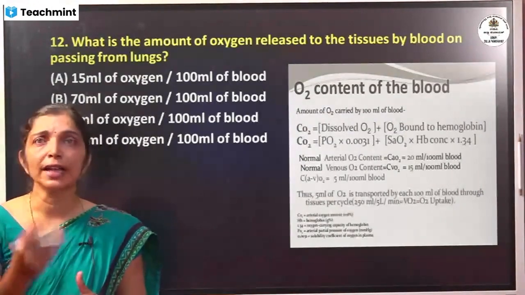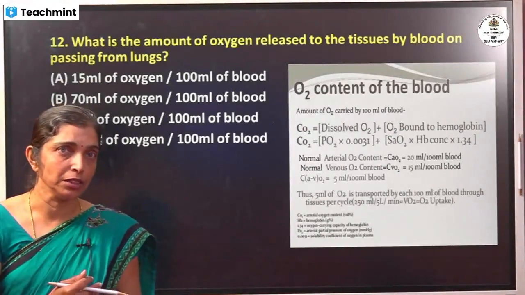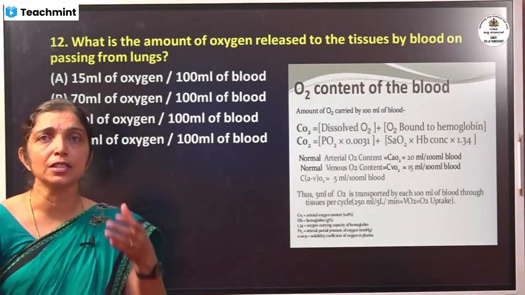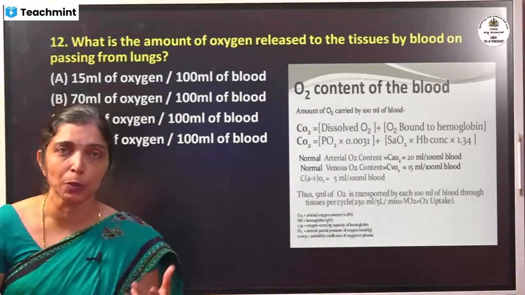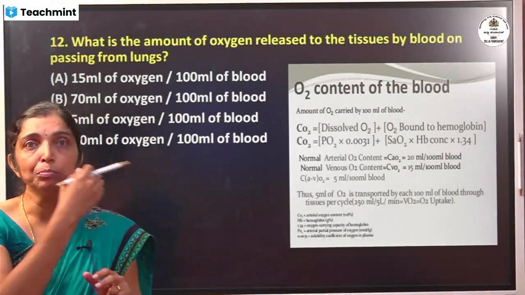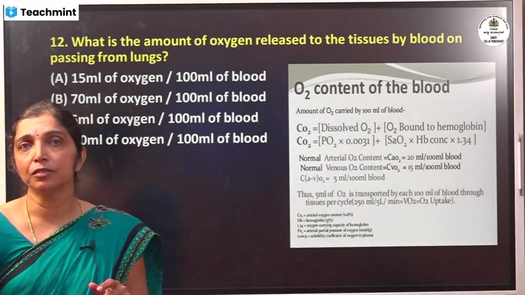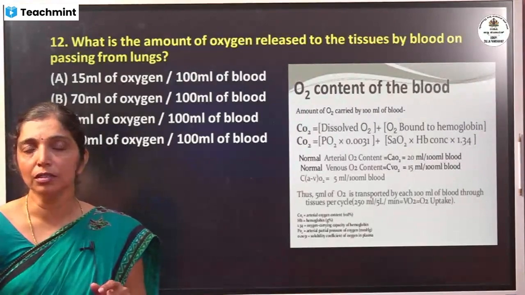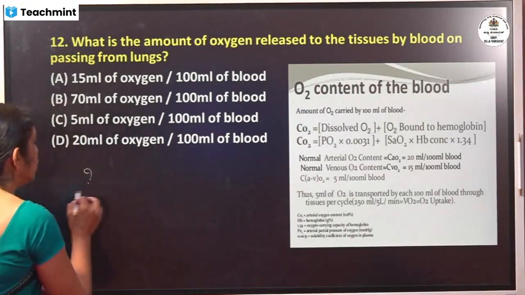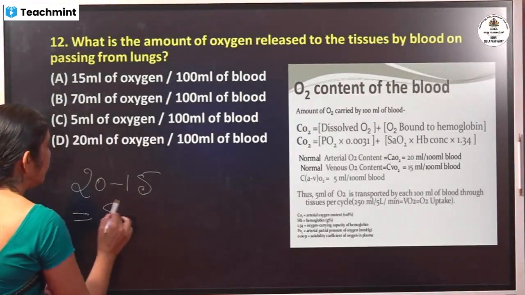So how do you calculate how much is given? You have the arterial blood as well as the venous blood, isn't it? So how much is each tissue going to get? Since the arterial oxygen is about 20 ml and the venous is about 15 ml, you have to subtract the venous blood oxygen from the arterial blood oxygen. So it is 20 minus 15, that is equal to 5 ml.